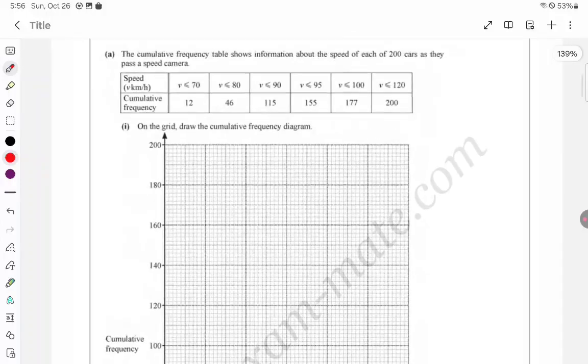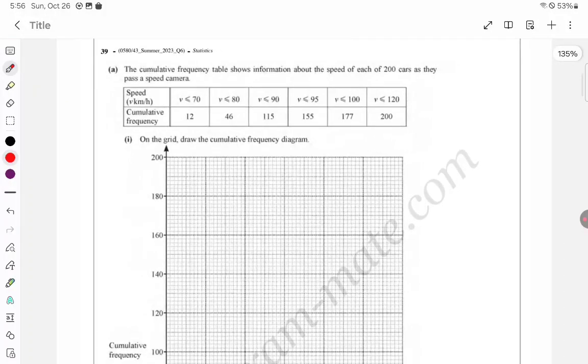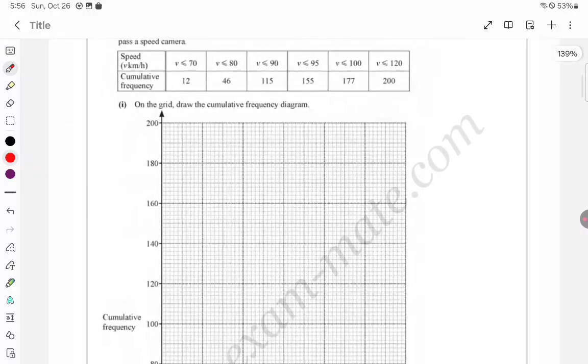Now in question 39, the cumulative frequency table shows information about the speed of each of 200 cars as they pass a speed camera. The cumulative frequency is what we have to calculate.